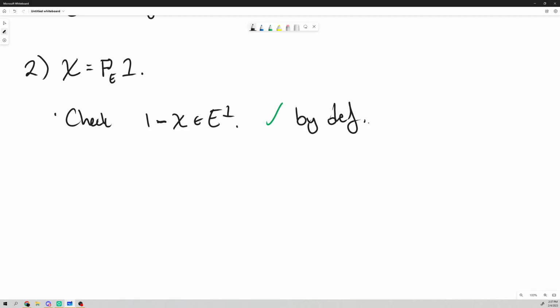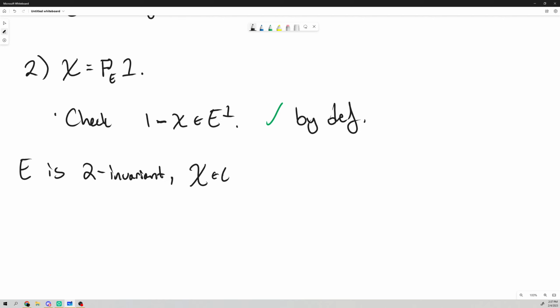Since E is doubly invariant, and we also know that chi is in E, because 1 minus chi is in the complement, again by definition of orthogonal projection.